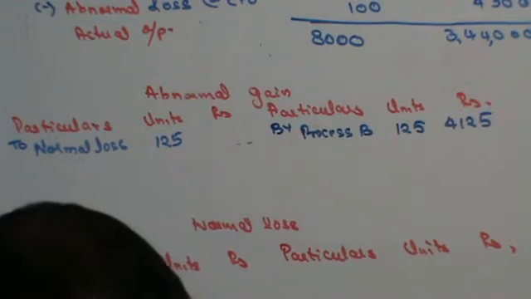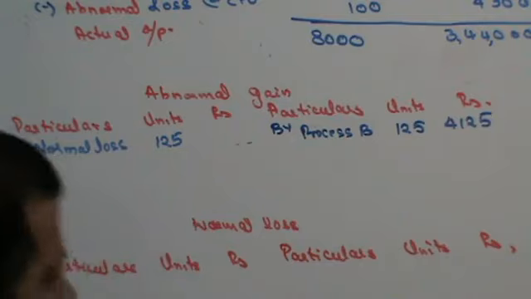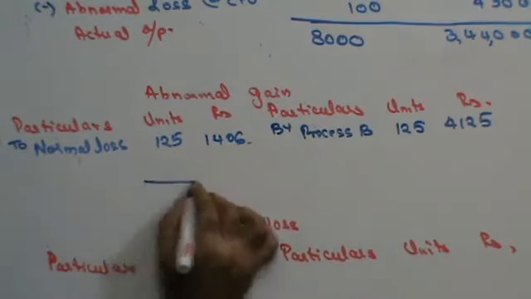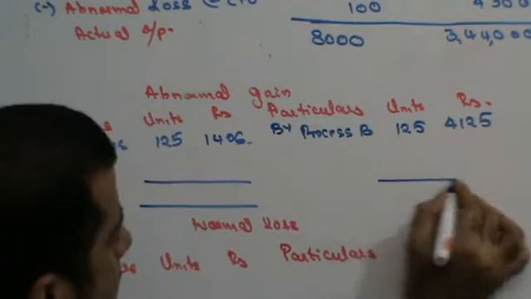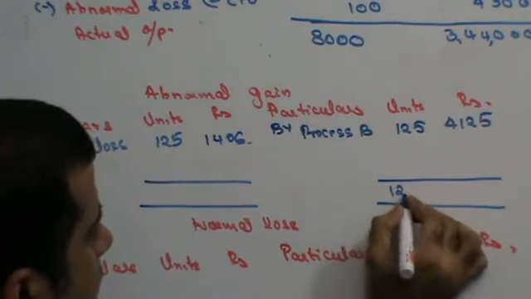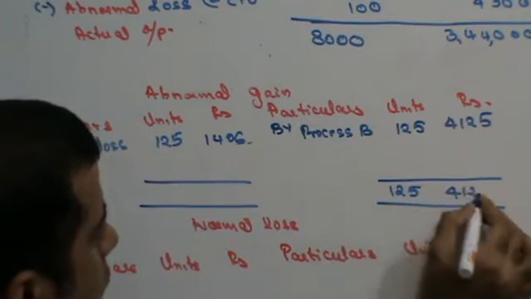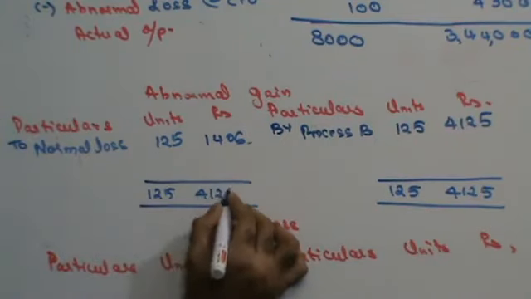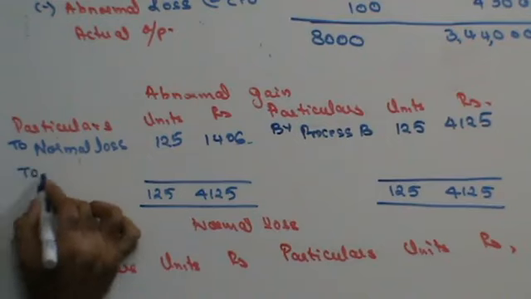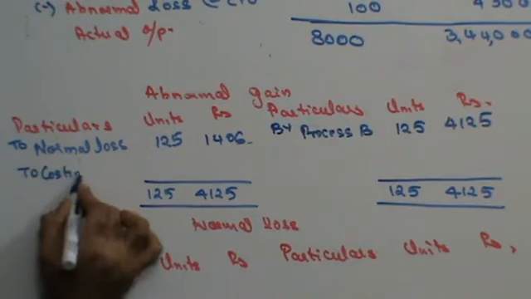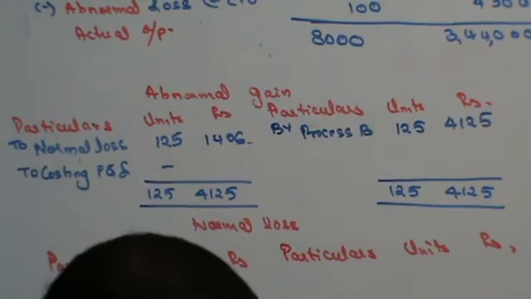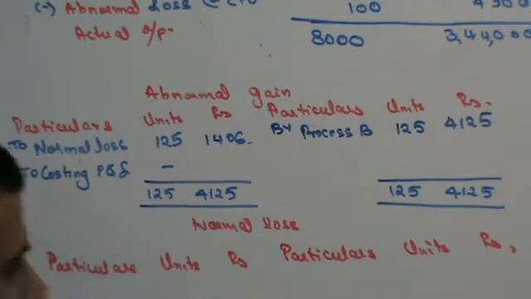So 125 multiplied by 11.25 is 1,406. Tally this out. This is 125, 4,125. The difference is to be written as to costing P&L. Right? The difference will be 2,719.